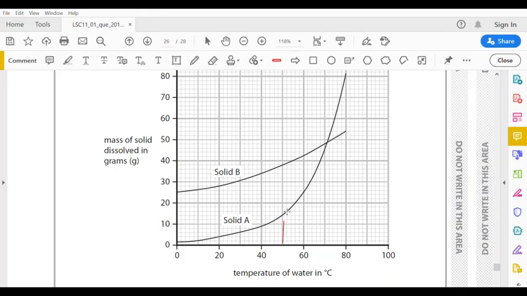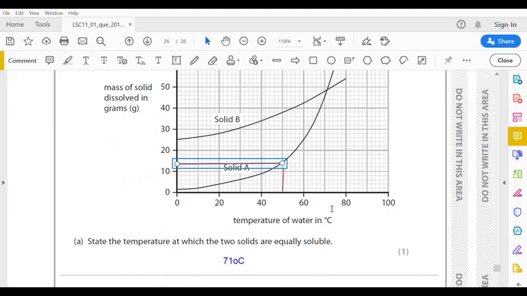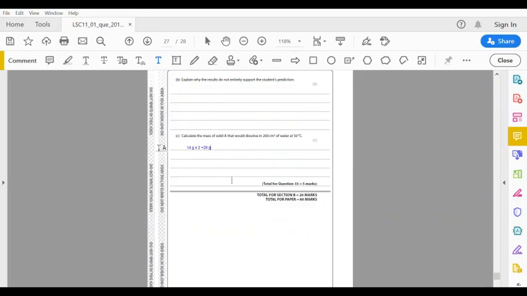Since I don't have the dotted line, I'm using this. From here to here, the value is 14, but this is only for 100 cubic centimeters, so the value should be doubled. So I will type the equation: 14 grams times twice, because this was for 100, and for 200 it should be twice. It's 28 grams. These are the answers.